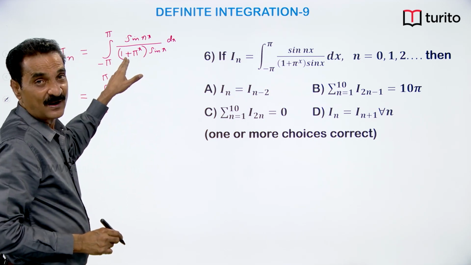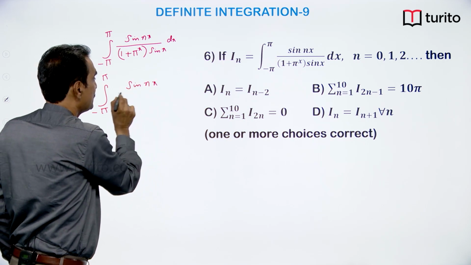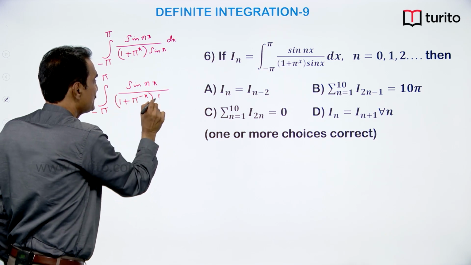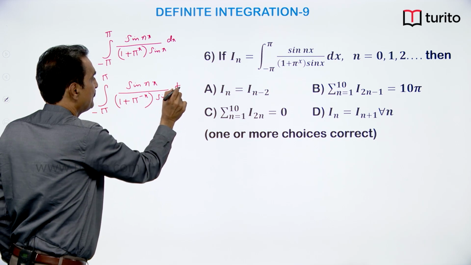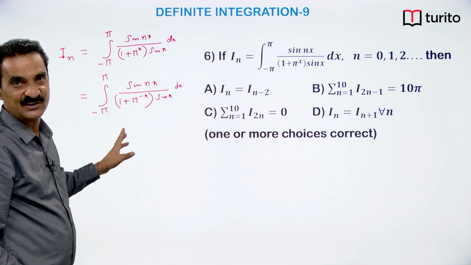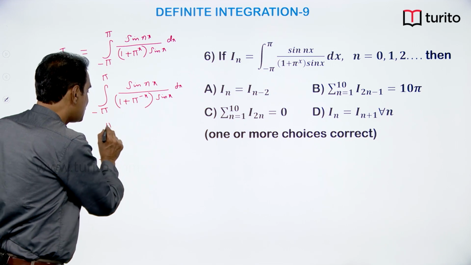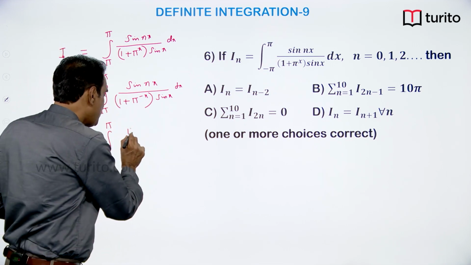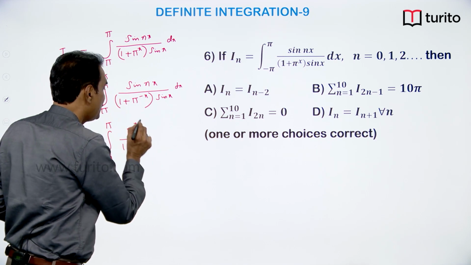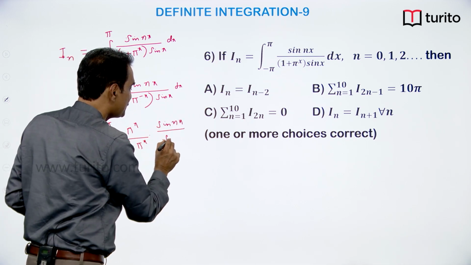Here denominator will be 1 plus pi power minus x, into sin x. Now, if you write pi power minus x as 1 by pi power x and take LCM in the denominator, it will become integral minus pi to plus pi, pi power x by (1 plus pi power x) into sin nx by sin x.